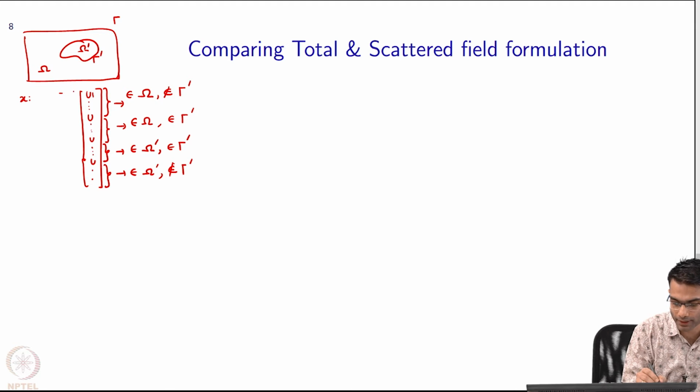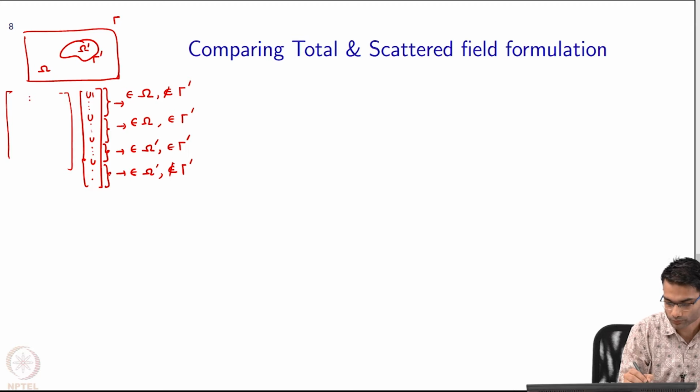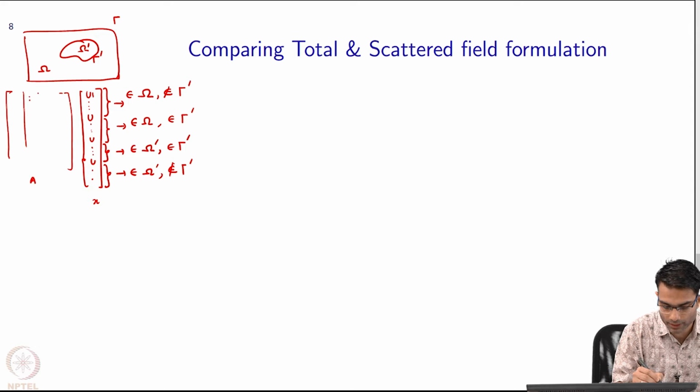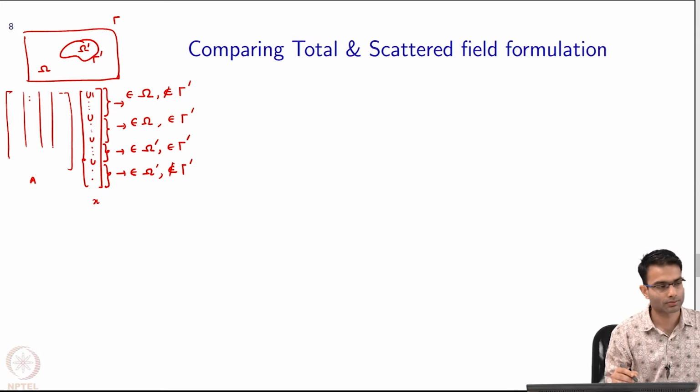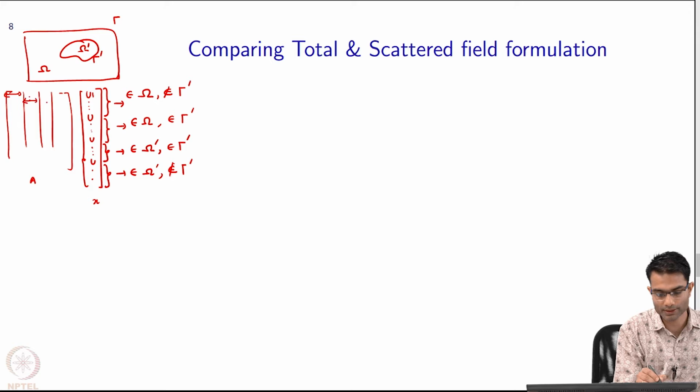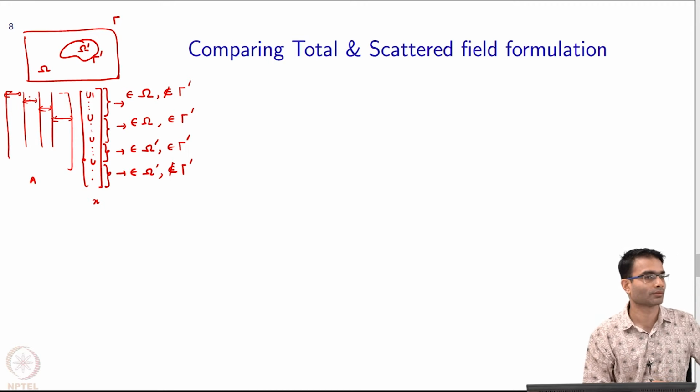So when I have my matrix, my A over here, so this was my X. When I have my A matrix over here, right. So again this I can break up as how many parts? 4 parts, right. So these will multiply the first set, these will multiply the second set, third set and fourth set, right.